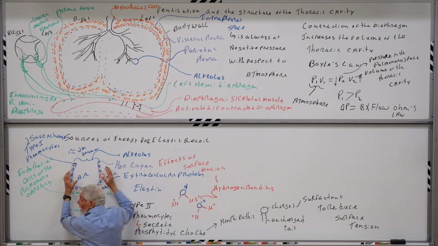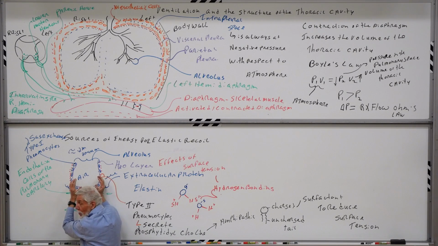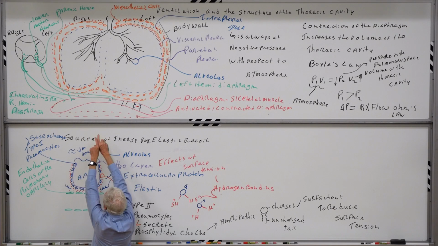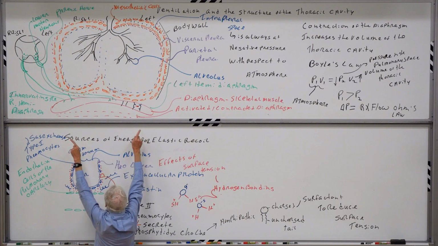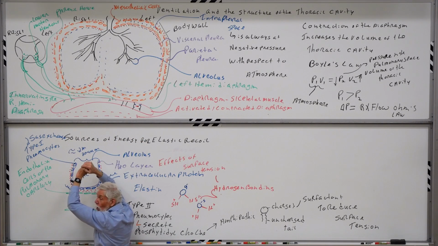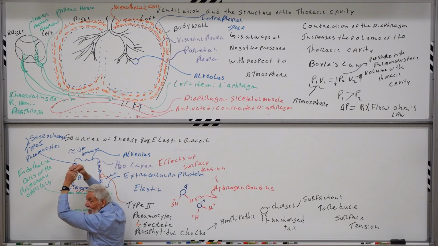So as you expand it, there's more and more of a tension to bring this thing back to its original shape. So then we breathe out. We stop the contraction of the diaphragm. We're no longer providing the differential in pressure to bring air in.